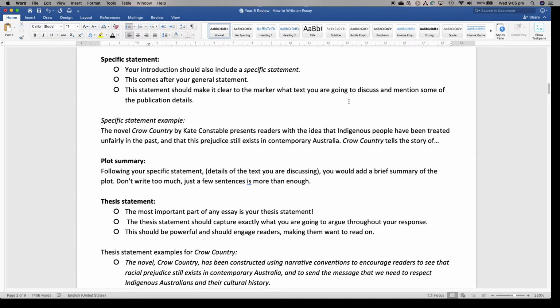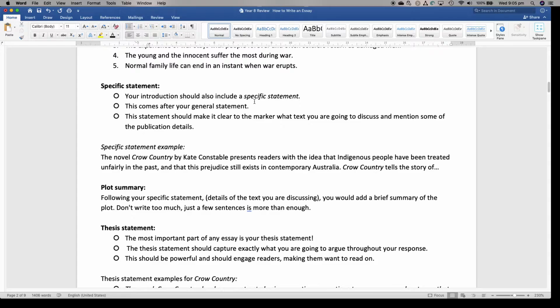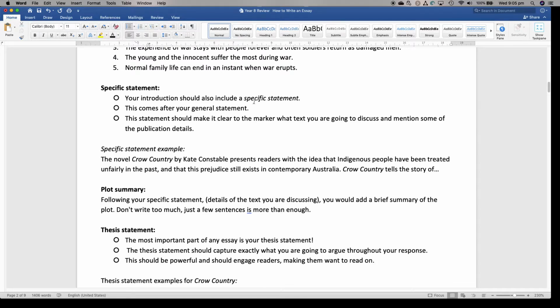The next one, like I said, is probably the most boring sentence in all essays, but it's the easiest to write. You need to make sure that here you include all the boring information, such as the title of the text, the full name of the author, and the date of publication. And you'll want to try and smoothly integrate that into your paragraph. So don't just write this as a separate sentence on its own.